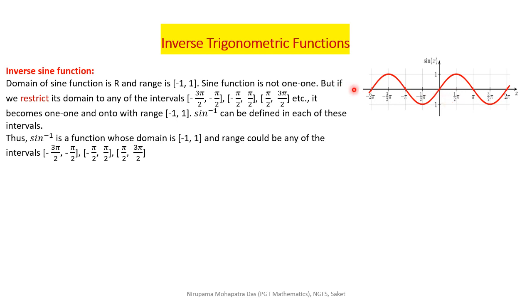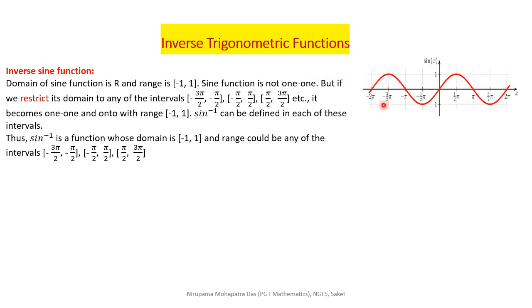Here, as we have just discussed, the domain of f(x) equal to sine x is the set of real numbers, and the range is the closed interval [-1, 1], and sine x is not 1-1, because if you draw a horizontal line it will intersect the curve at many points.